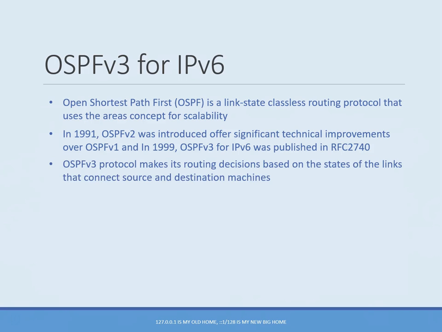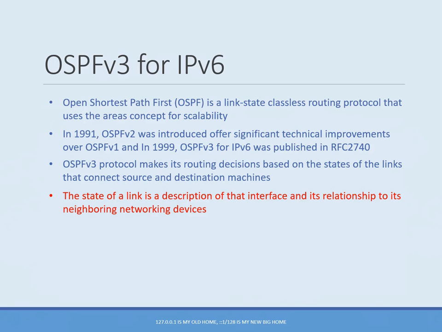To explain it, we want to think of a link as being an interface on a network device. So the OSPFv3 protocol makes its routing decision based on the state of the links that connect source and destination machines.